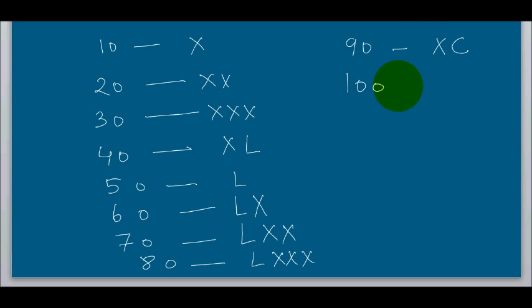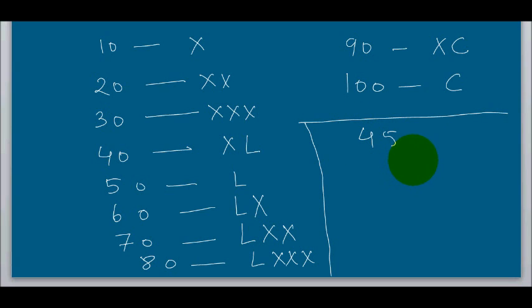After that, 100 is C. Now suppose anybody asks you to write 45 in Roman numbers, what will you do? You know 40. Now add 5, that is 45. Very easy. You just take the help from here.